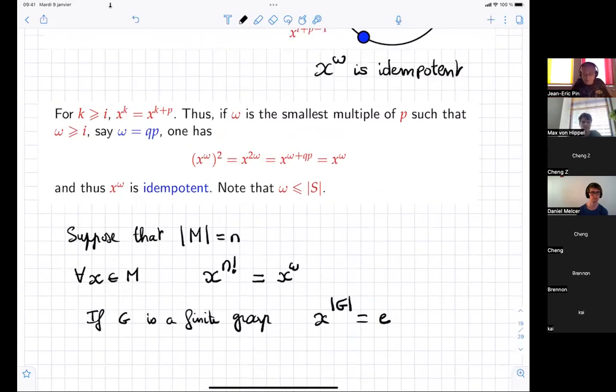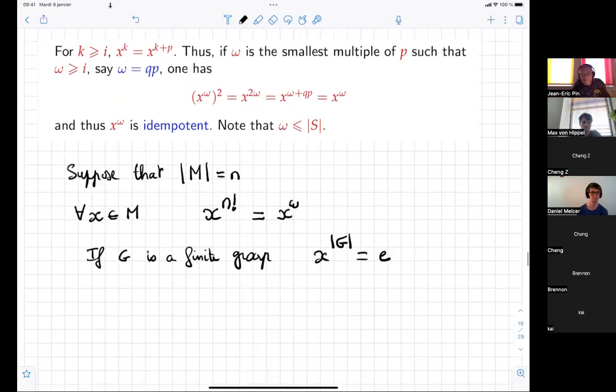That's very interesting because you have this remarkable formula, and this implies that the limit of x to the n factorial exists.